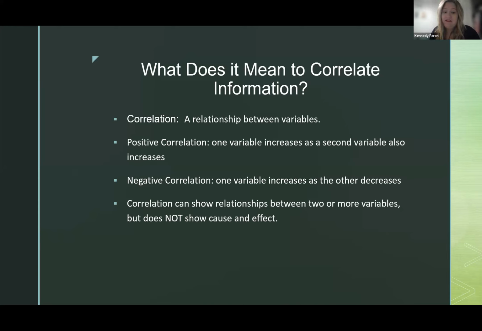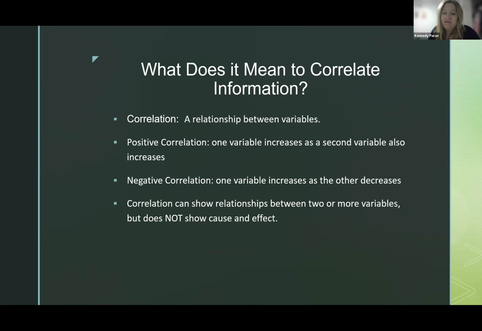Next, we'll talk about negative correlation. One variable or item increases as the other decreases. So an example of this would be as a child goes to swim lessons, the struggles they have in the pool decrease.